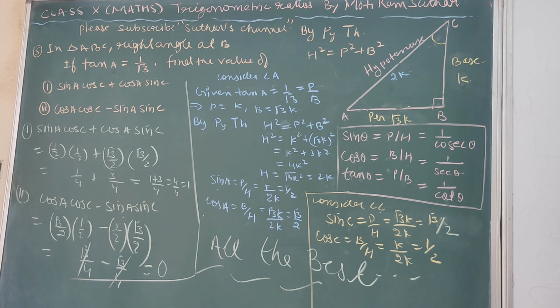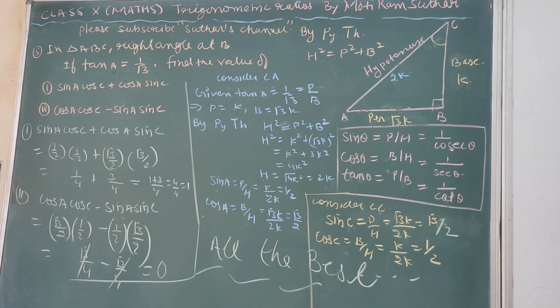So for any specific or standard angle, we have to find the trigonometric ratio. This is clear? So practice so you can easily get the answers or solutions of all these problems. Okay, all the best.